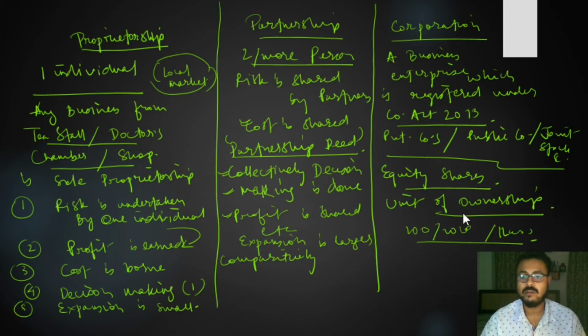But one particular thing that differentiates all these businesses is liability. Liability means the payment, or the capacity to pay, or the right which is enjoyed by the creditor for receiving the payments for the money that is owed by someone, in this case the debtor.